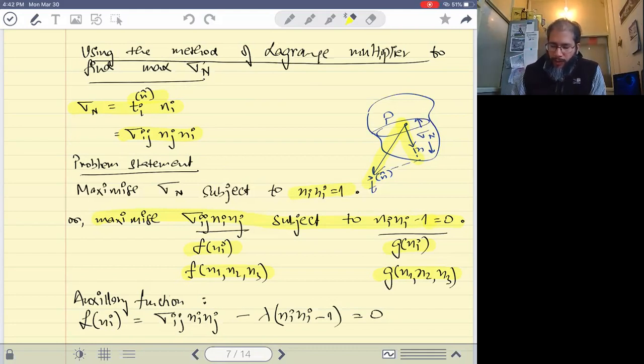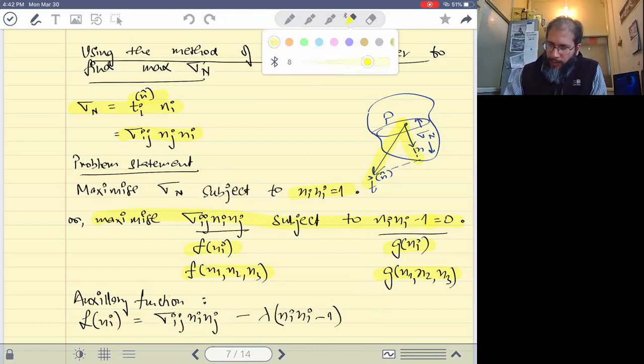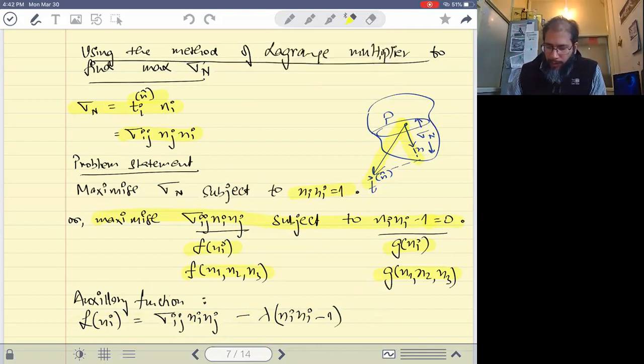So we can write the auxiliary function as f minus lambda g, that is, sigma_ij n_i n_j minus lambda times (n_i n_i minus 1).